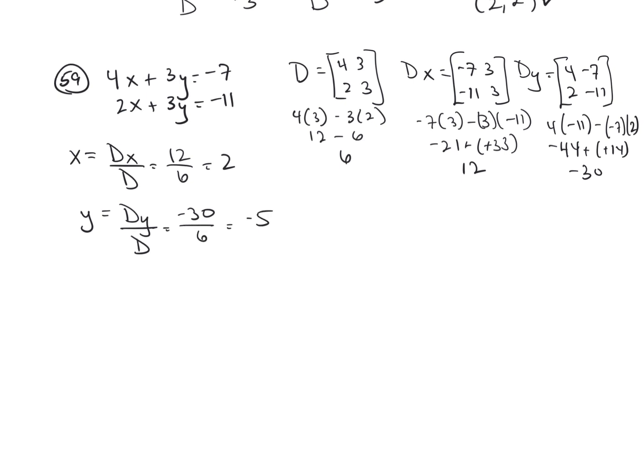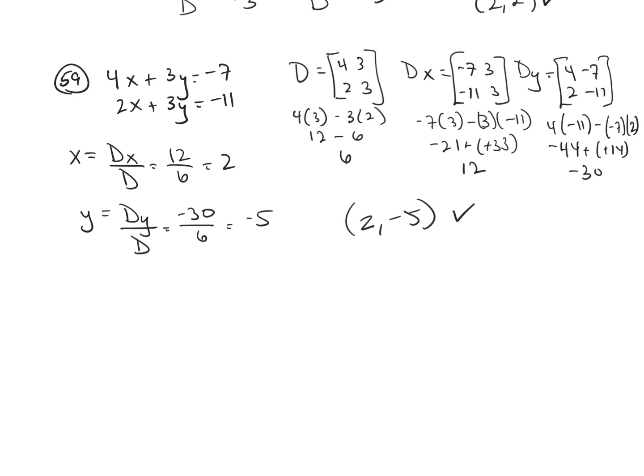Now you can check your work. 4 times 2 is 8. 3 times -5 is -15. 8 minus 15 is -7. So far, so good. If we put it in the second equation, 2 times 2 is 4. 3 times -5 is -15. 4 minus 15 is -11. So we have our answers.